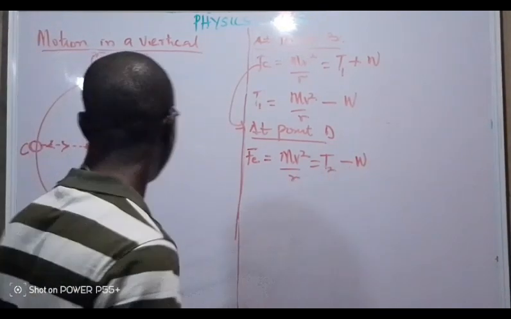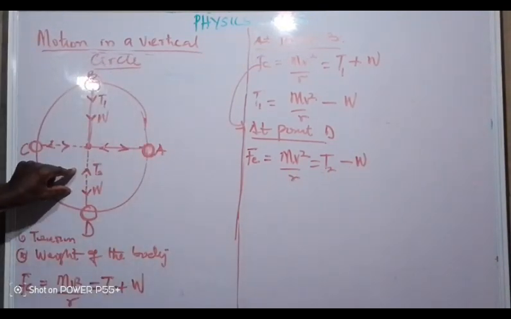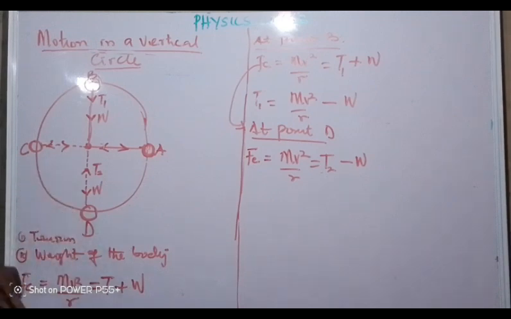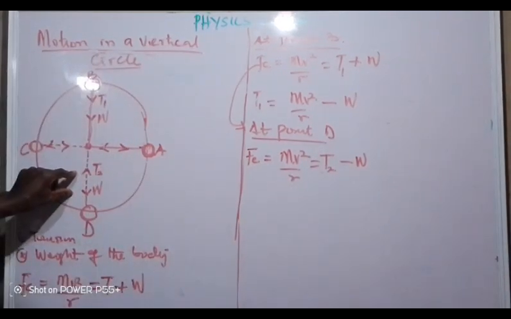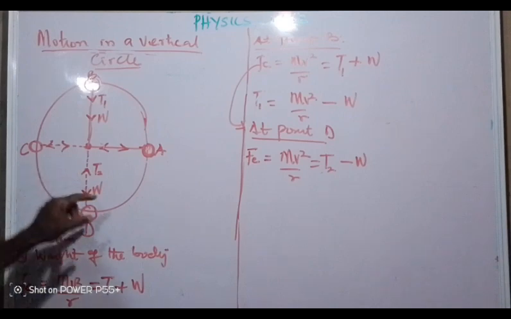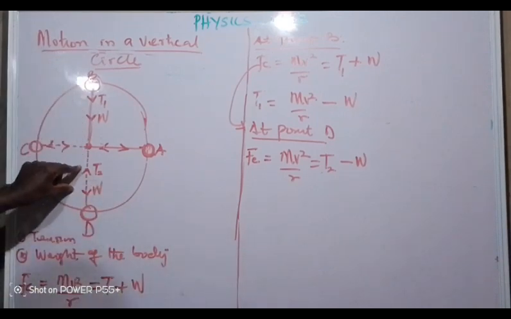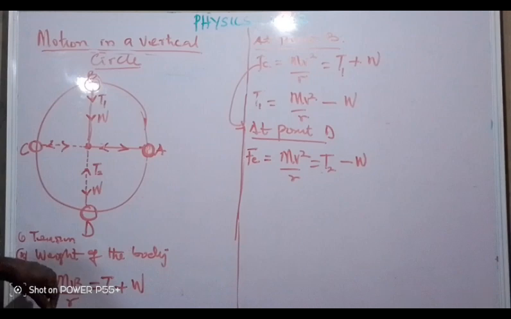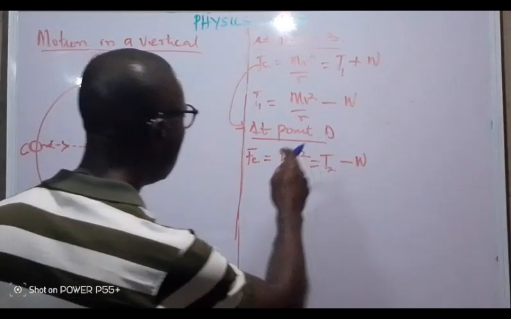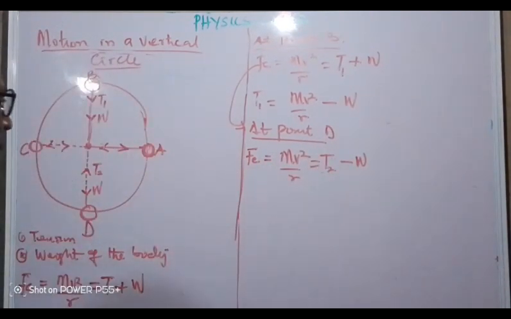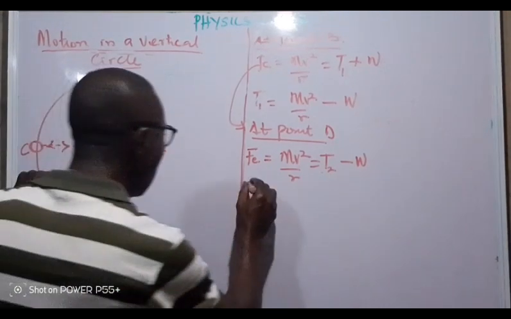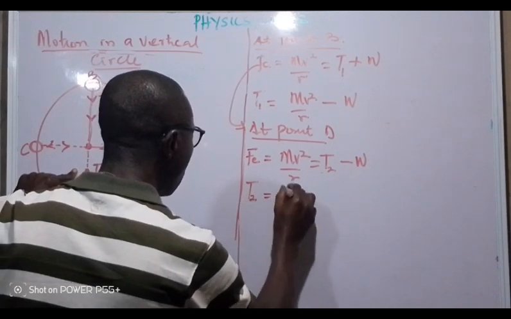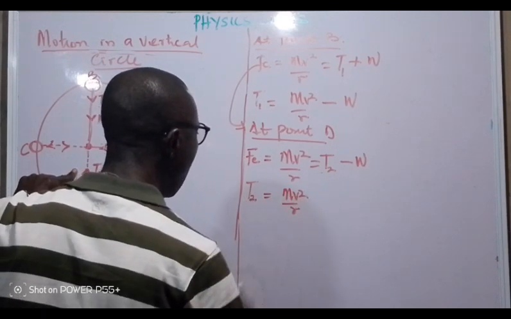Because according to the law of vectors, when you have two vectors moving in opposite directions, their resultant vector will be minus. Since the tension T2 and the weight of the object act in opposite directions, the total centripetal force will be equal to that. Therefore, the tension T2 at point D will be equal to mv square over r plus W.